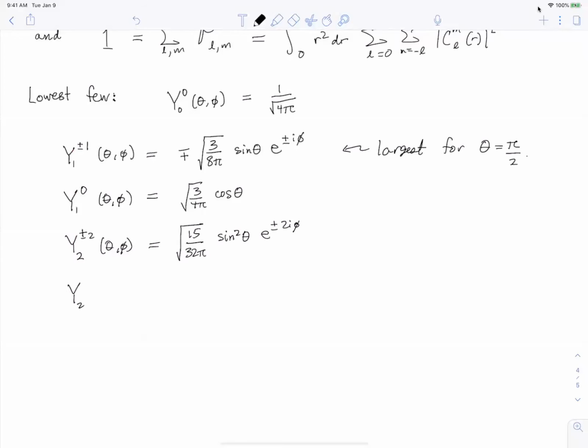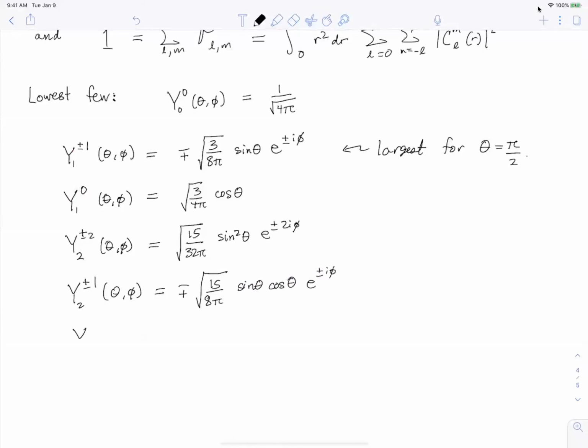For Y_2 plus or minus 1, this is minus over plus the square root of 15 over 8 pi, sine theta cosine theta. And again, the phi dependence is the easy part.